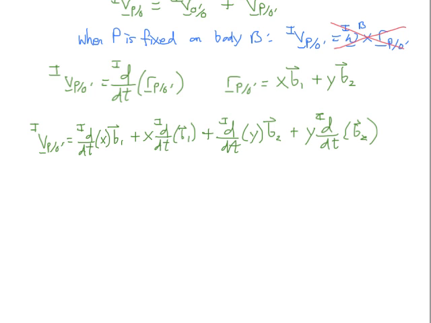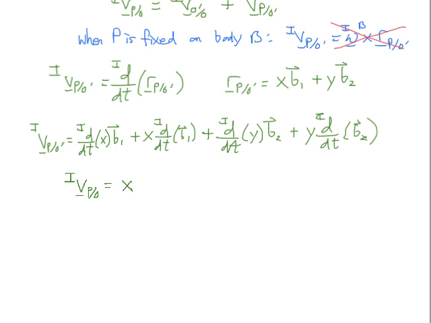Now when the point P was fixed within the reference frame B, then these terms, the time derivative of x and the time derivative of y, were 0. But now none of these four terms are equal to 0, and so we have to include the time derivatives of these coordinates. Because these coordinates are scalars, the time derivative doesn't matter in which reference frame we're observing it.